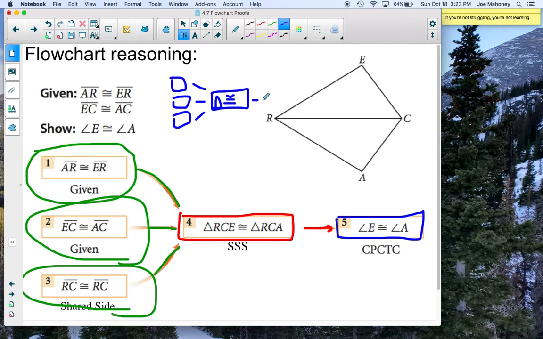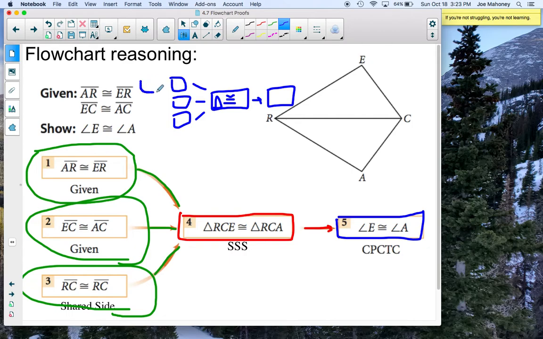And then once you have congruent triangles, then you do something else with them. This form is always found in a flowchart type of proof. You will always have 3 pairs of congruent parts that lead to congruent triangles, which lead to usually a CPCTC type of step.